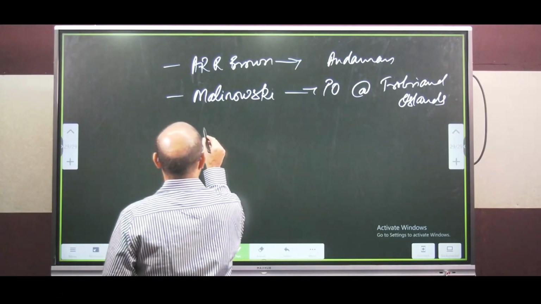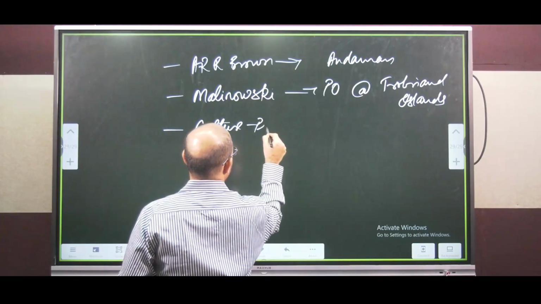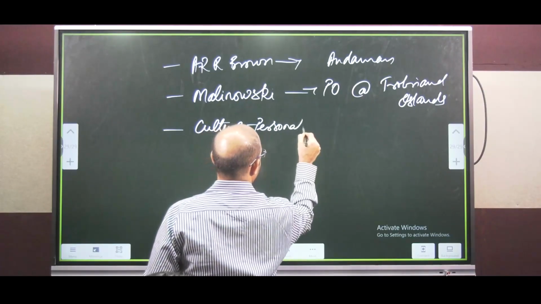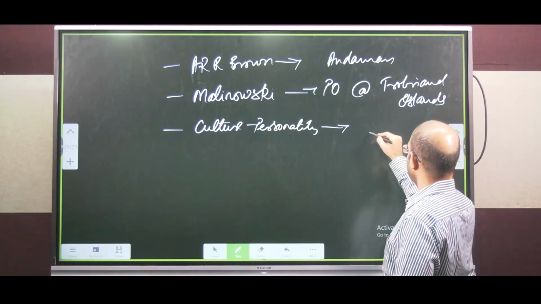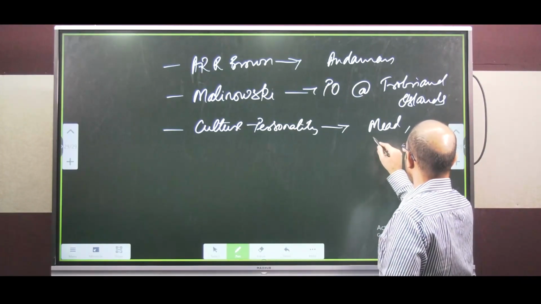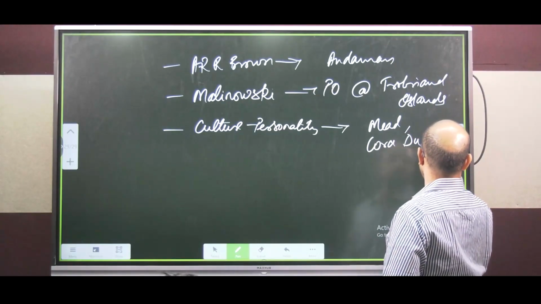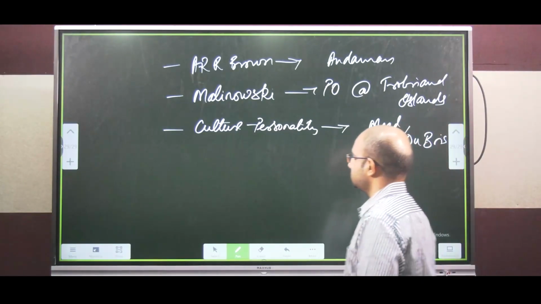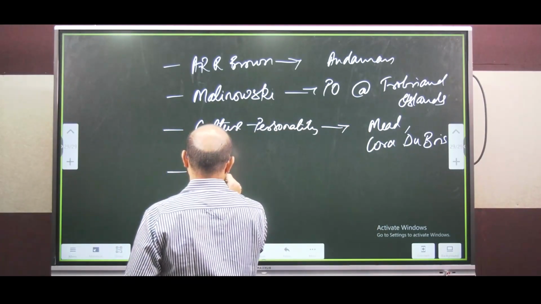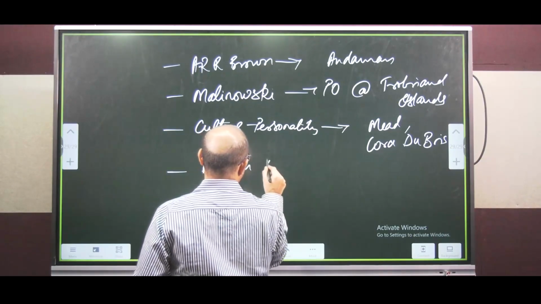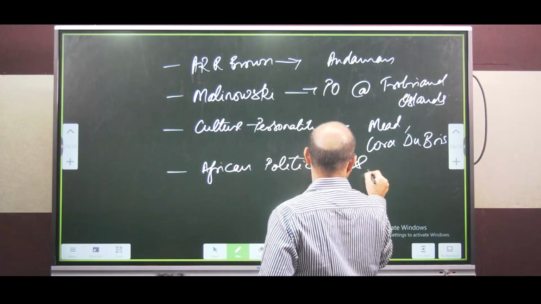And after Malinowski, you can also talk about culture and personality studies. Here we have fieldwork done by people like Mead and even Cora Du Bois. She did fieldwork among the Alor people and she administered many projective tests. And then in Africa, there was fieldwork done on African political systems by, who did this?